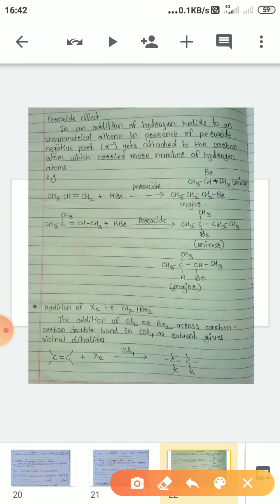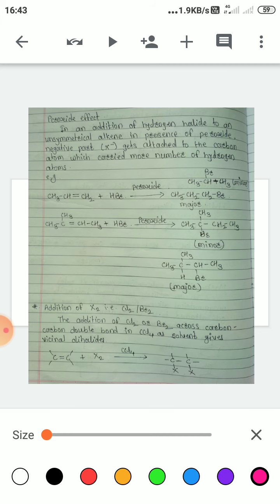We'll see next the peroxide effect. Now what is meant by the peroxide effect? We'll see the first statement of the peroxide effect. In an addition of hydrogen halides or nucleophilic reagent across a carbon-carbon double bond in the presence of peroxide, the negative part of the reagent gets attached to the carbon atom which carries more number of hydrogen atoms.